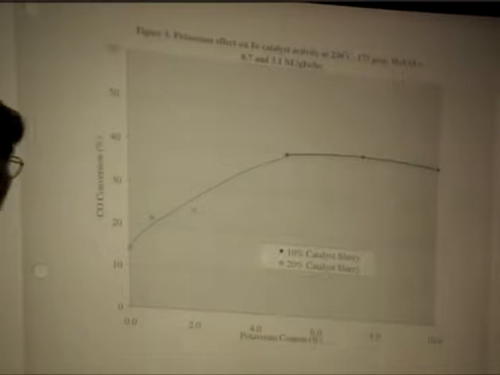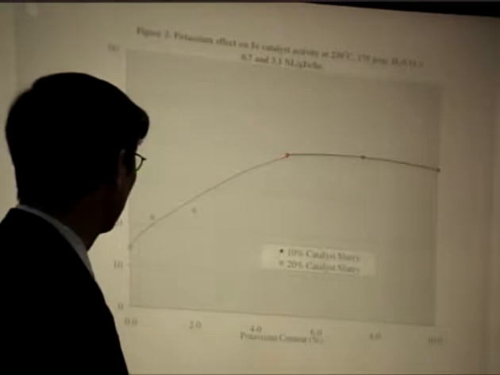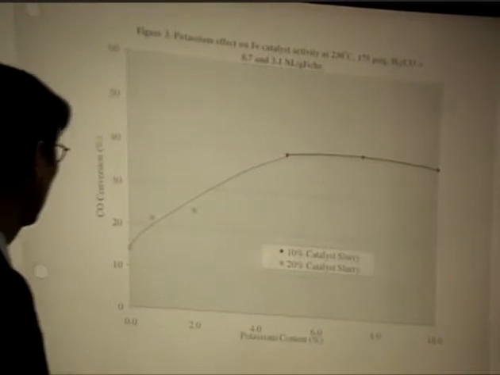So I say below 5% here, the CO conversion increased pretty obviously. It just stabilized when the potassium contents are beyond 5%.